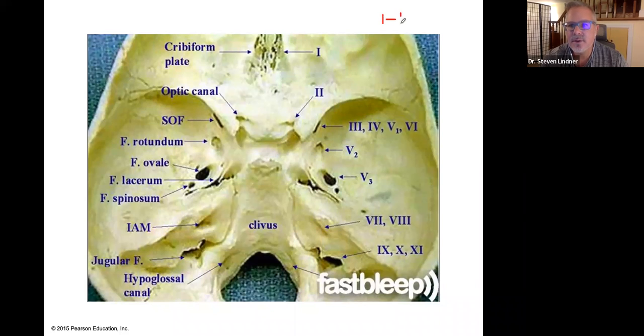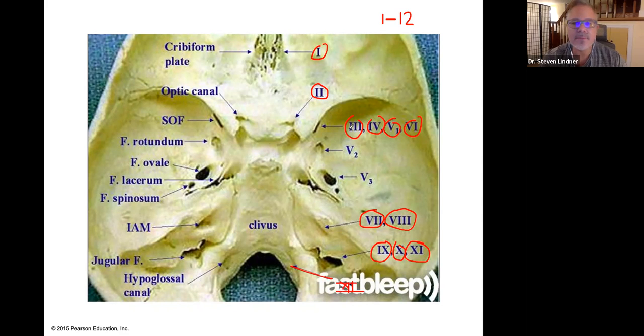Cranial nerve 1 through 12, but the way we refer to them are in Roman numerals: I, II, III, IV, V, VI, VII, VIII, IX, X, XI, and then XII. It's kind of blocked, but 12 would be right there for the hypoglossal, going through the hypoglossal canal.